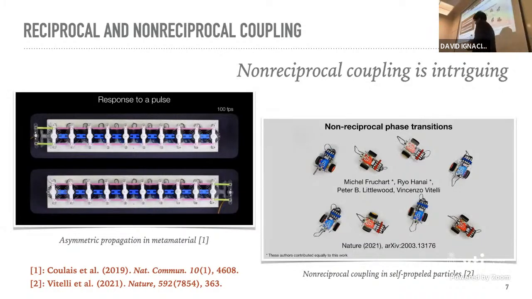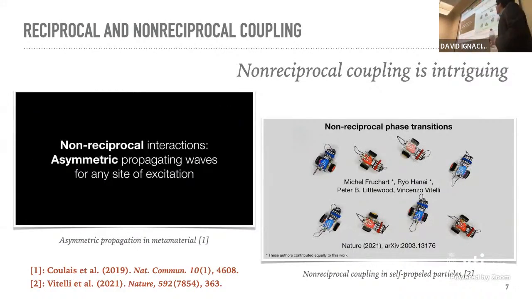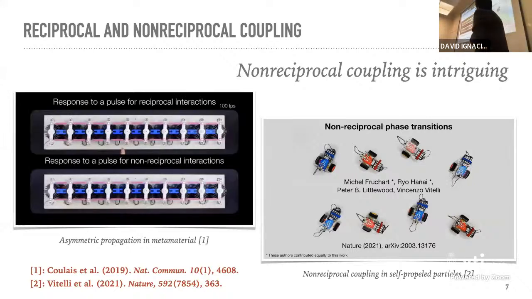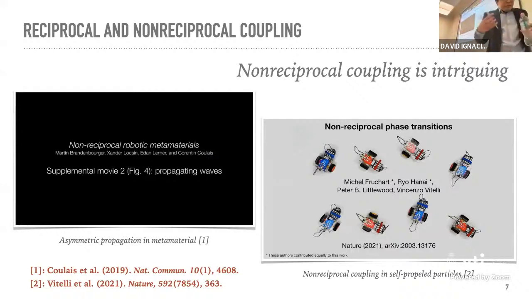These robots are able to feel their neighbors and apply some force, and the equations for these are described by a non-reciprocal coupling. So what happens is that you can see that for a perturbation, the amplitude of the waves is only amplified in one direction, compared to the case of a reciprocal coupling. This is what motivates us the most.